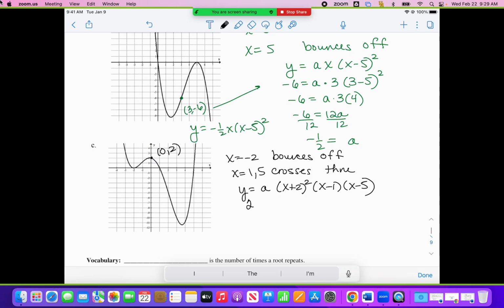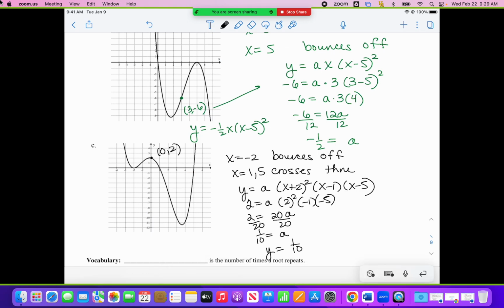So I'm going to say 2 equals a times 2 squared times -1 times -5. 4 times 5 is 20a. So a is 1/10. So y equals 1/10 times x plus 2 squared, x minus 1, x minus 5.